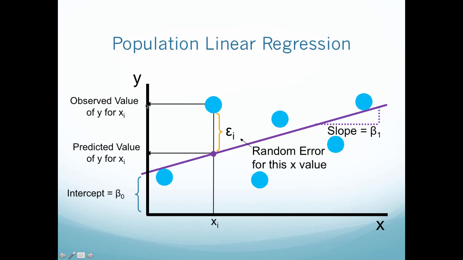So we call the distance between my actual or observed value and my predicted value a random error for that x value. That is the error that describes the variation in the line. And then we describe the whole equation of the line with this beautiful equation right here. So this line is described with this formula, y equals beta naught plus beta 1 x plus epsilon.